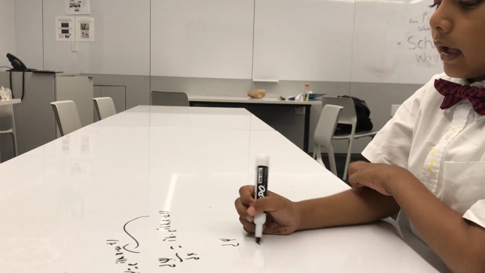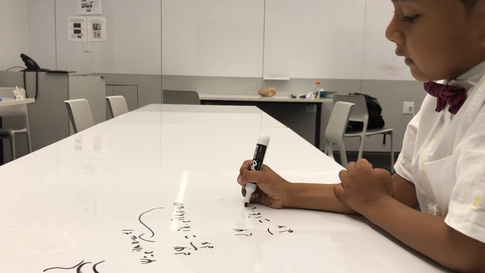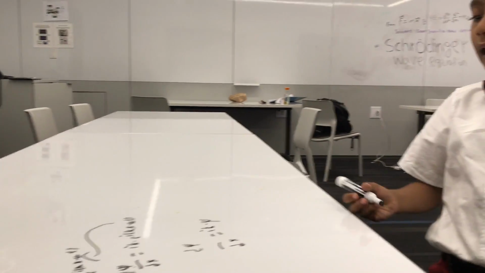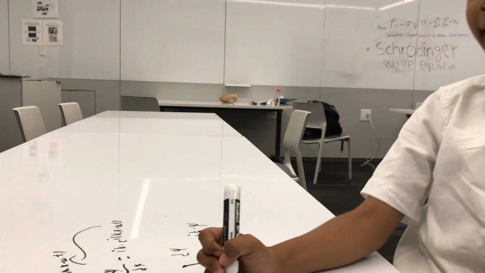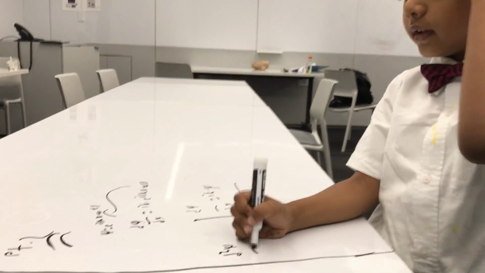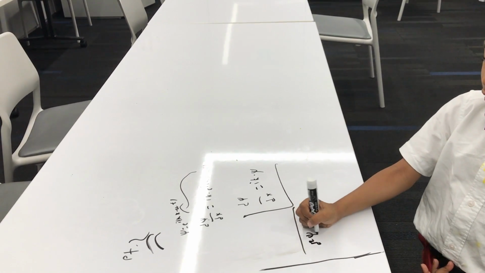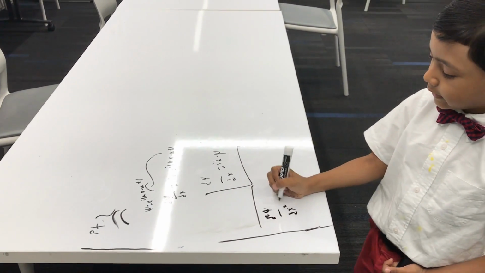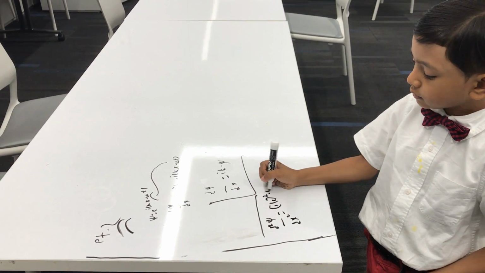So we can use that instead. Now let's take the second derivative, which leads us to even more math. d squared psi over dx squared is equal to (ik) squared times psi.